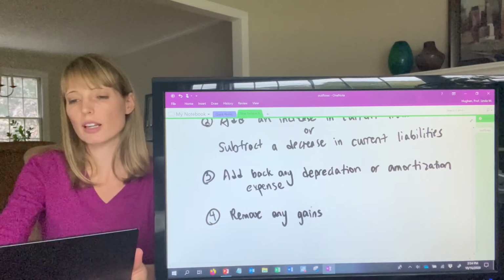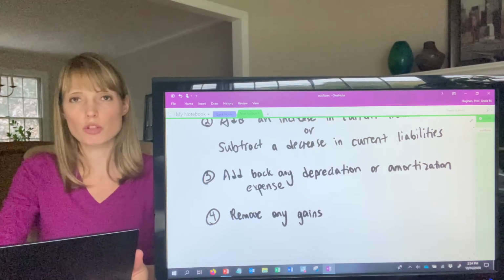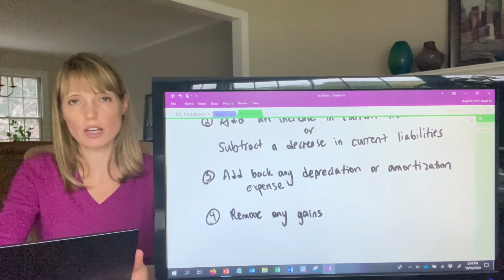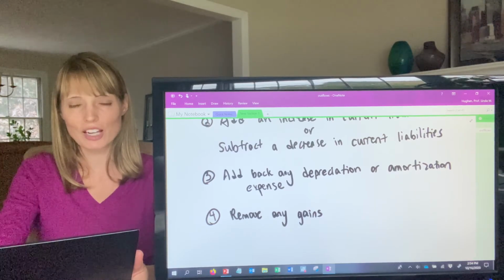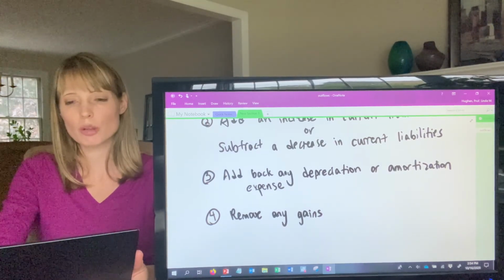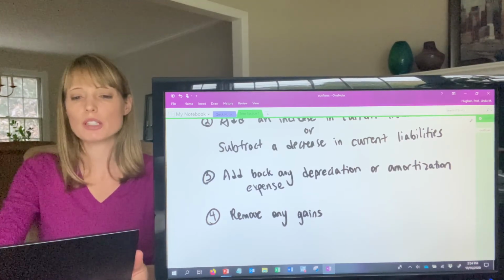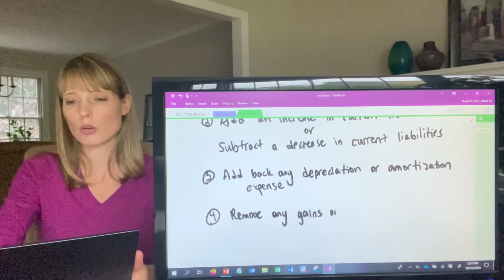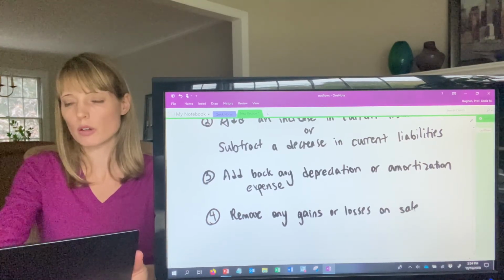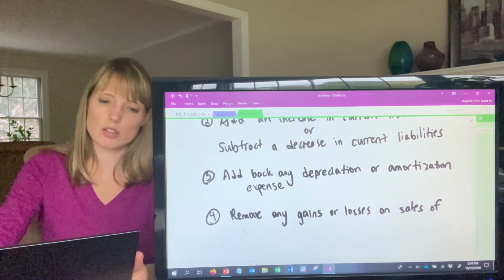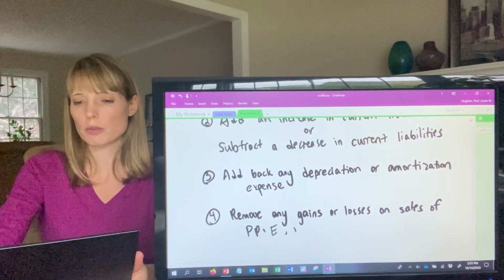If the company had a $10,000 gain on the sale of a building, we would subtract out $10,000 from net income to remove that gain. What you're probably thinking is, what about the cash that we received? The cash that we received when we sold the building is going to go in the investing activities, but we take out any gains or losses on sales of any long-term assets, PP&E, and or investment securities.